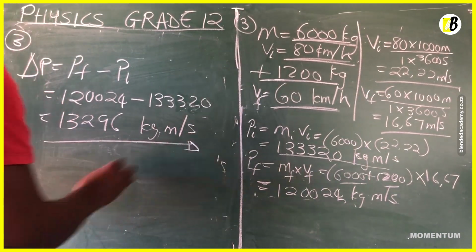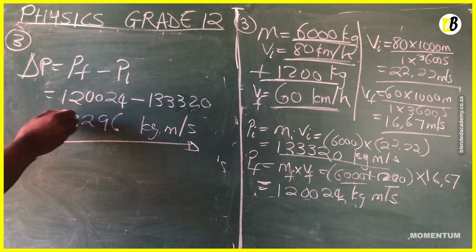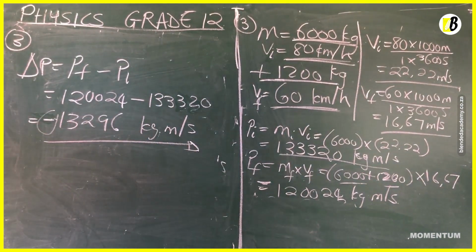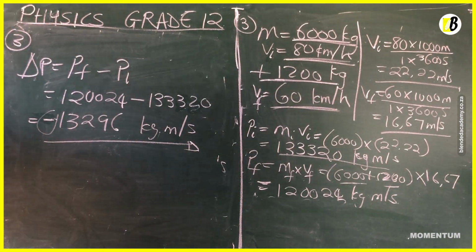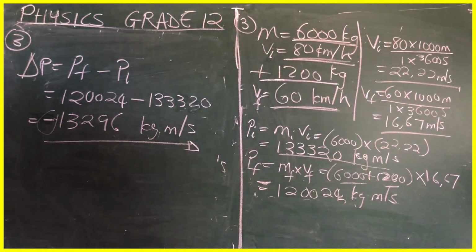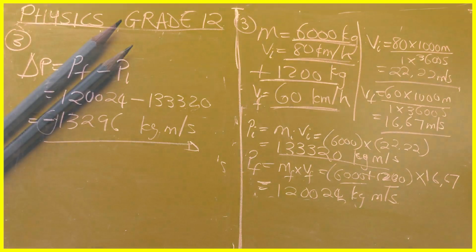So that's our change in momentum. It's going to be negative, and this negative shows that it's in the opposite direction. You need to remember that. And that's our final answer. And that's it for this lesson, guys. Join me in the next lesson. Thank you very much.